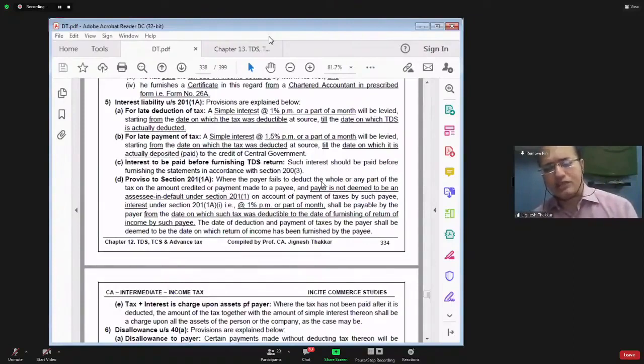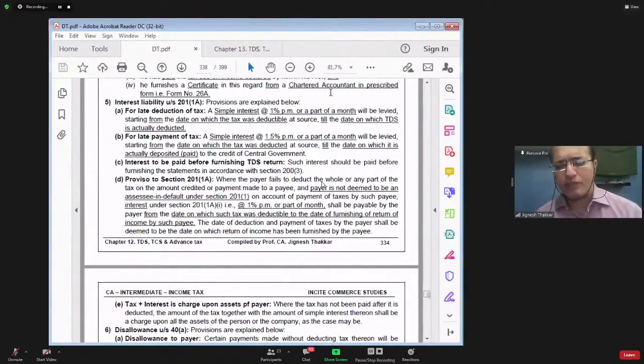On which date was it deducted? Say, for example, it was deducted on 20th of June. In that case, this TDS is deducted late. As per section 194J, TDS should be deducted at the time of payment or at the time of crediting the payee's account, whichever is earlier.